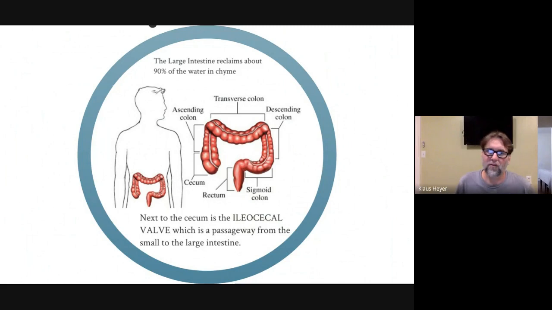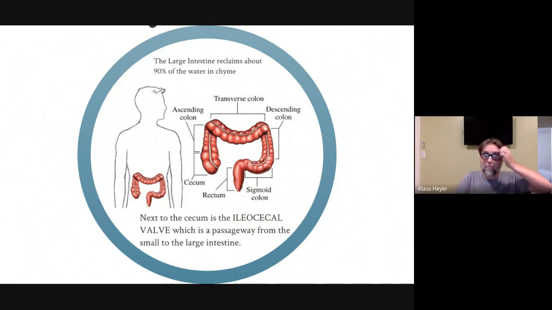All right, so the job of the large intestine is to reabsorb about 80 to 90% of the water. So the longer that chyme stays in the large intestine, the more water is going to get sucked out of it. Or if it goes through too quickly, it's going to be all liquid, right? That's diarrhea.